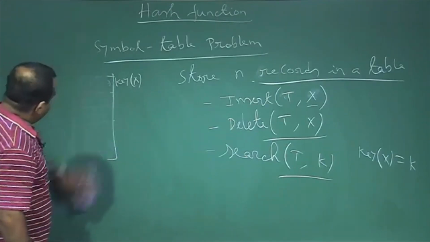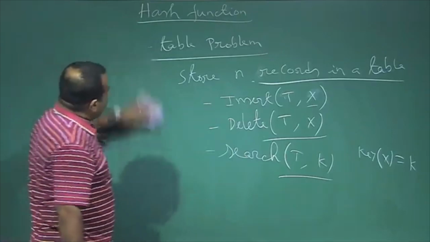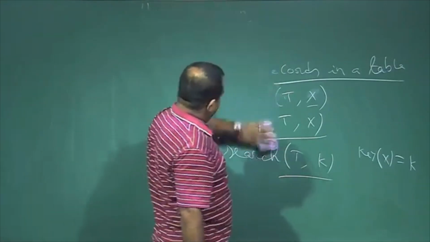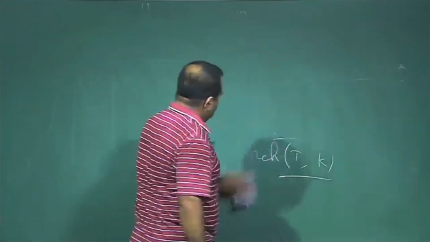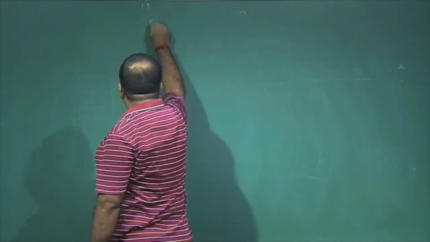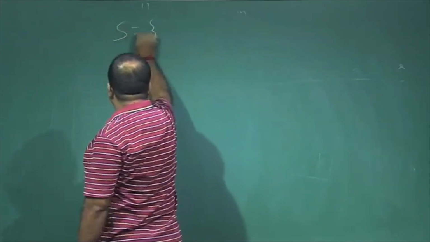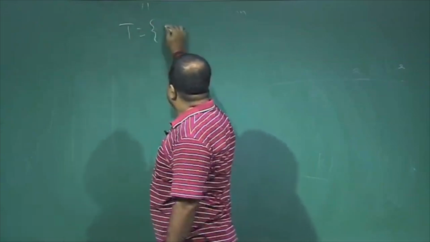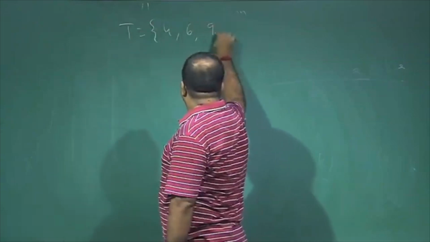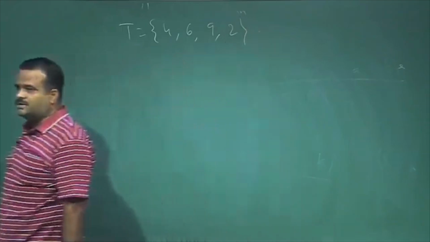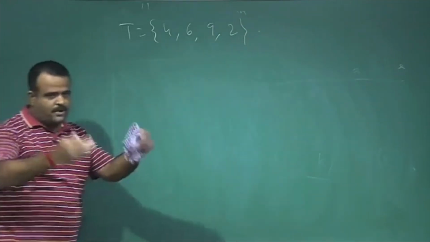First we can think of an array data structure for doing this. Suppose we have some records whose key values are, say, 4, 6, 9, 2. So this is our dynamic set S, and this is the table T. These are the key values corresponding to the records we have at some point of time.